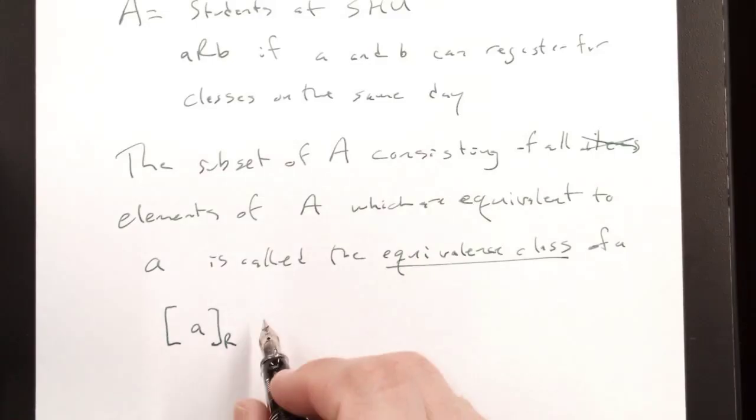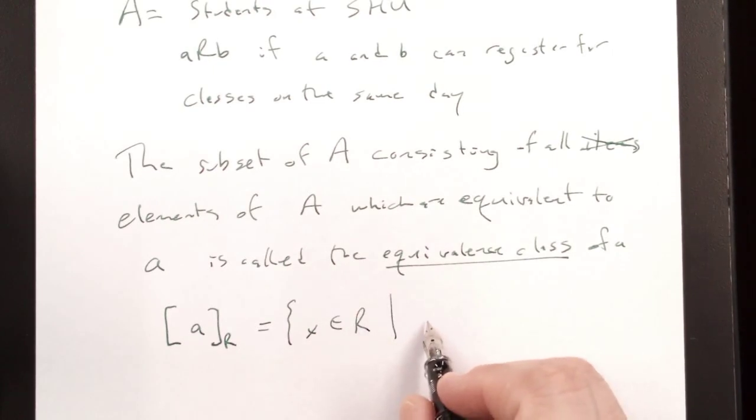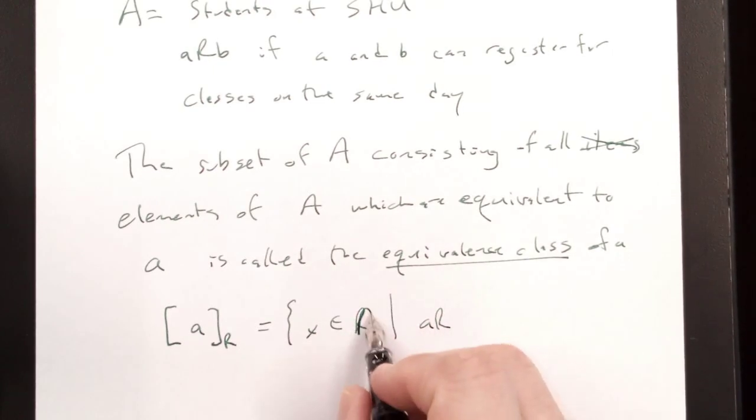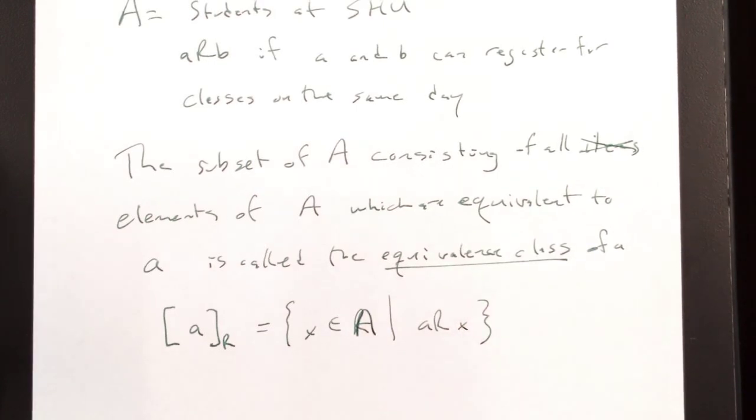And we could define this as a set: the set of X in A such that A is related to X. A itself is a representative of the class.